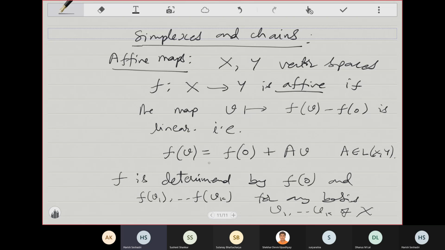So see, I know that f of v minus f of 0 is a linear map. So f of v minus f of 0 is determined by what it does.